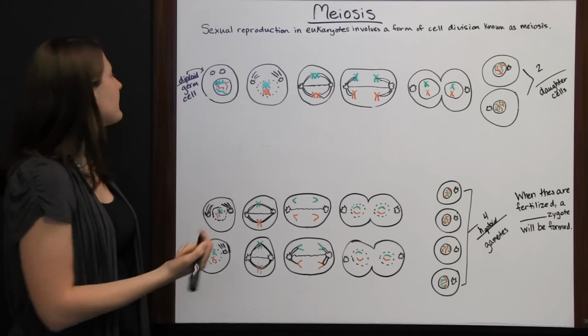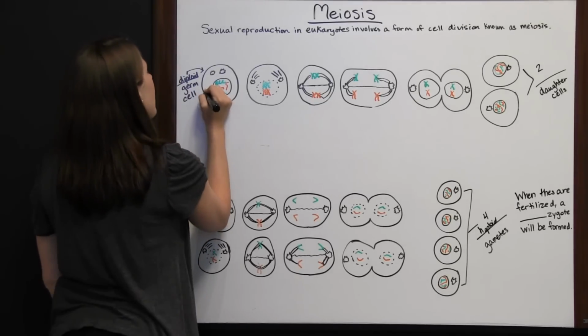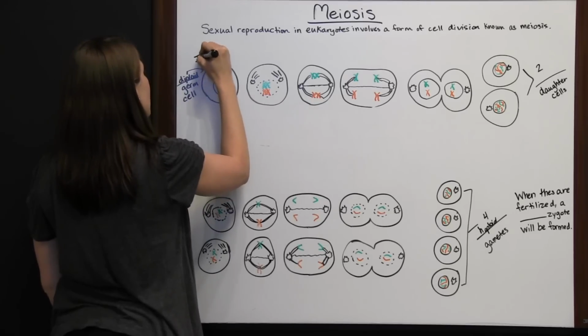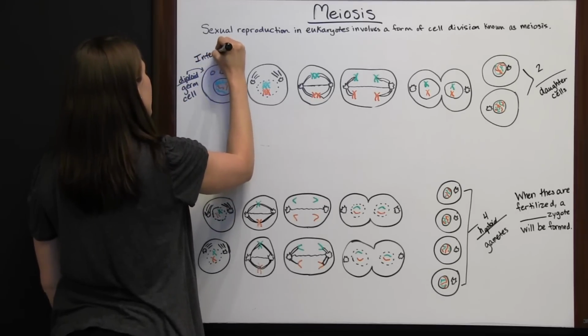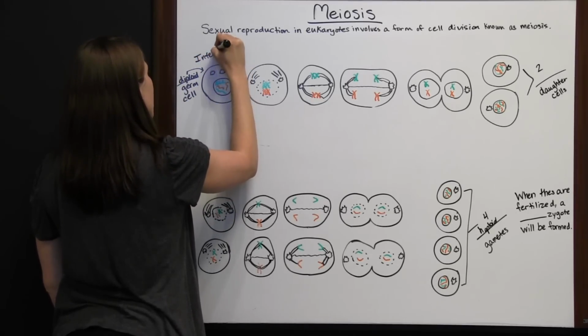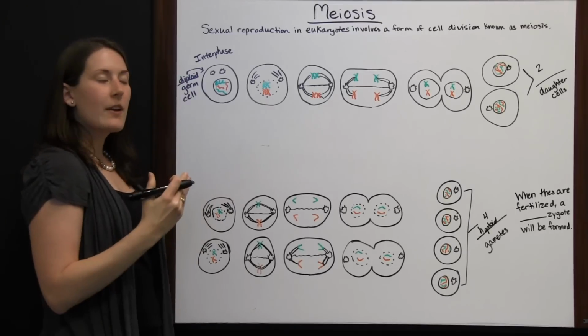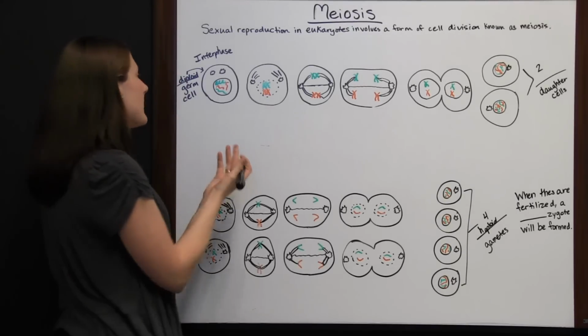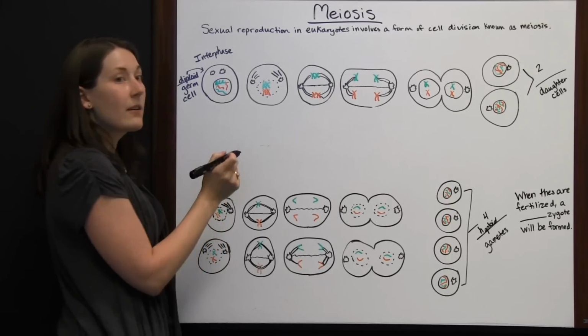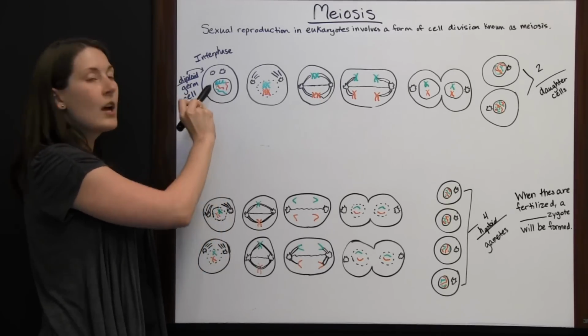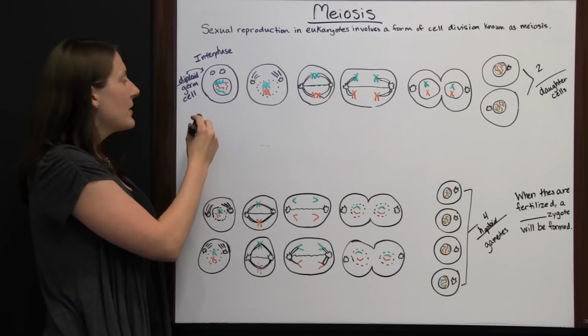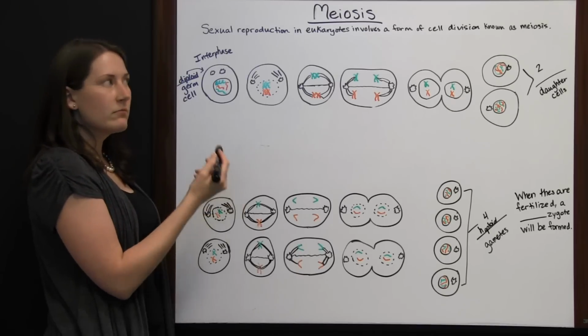So, in this first part, this would be interphase, and it's kind of before meiosis starts, but it has to do with it because this diploid germ cell contains genetic information from both a maternal and paternal parent.